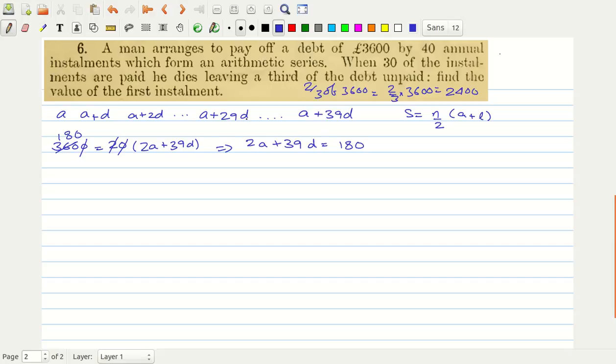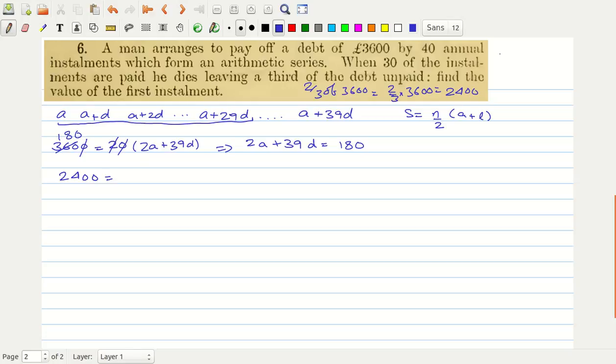So in 30 installments, he has paid 2400 pounds, right? So again S is now equal to 2400.